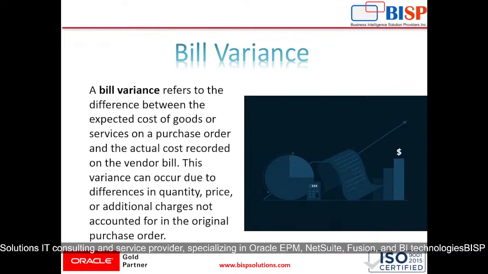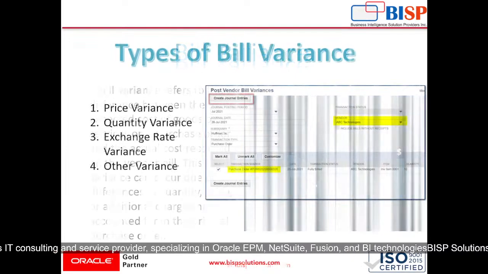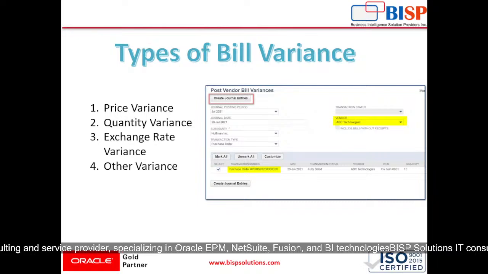Okay, so the next topic is types of bill variances. How many types of bill variances can we see in the NetSuite application? First is price variance. Price variance occurs when the price per unit on the vendor bill differs from the price per unit on the purchase order.